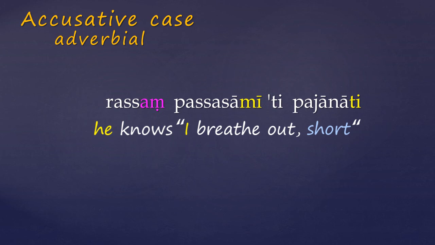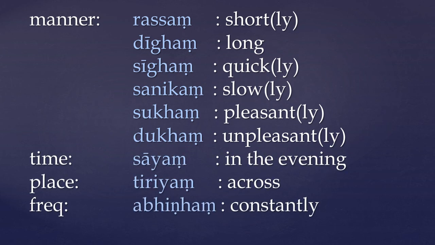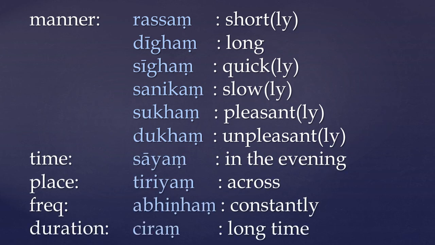Whereas adjectives add qualities to nouns, adverbs or adverbial phrases add qualities that describe the action or the sentence as a whole. They often add information about the manner, the time, place, frequency, or duration of the event. And I'll list here some common adverbs in Pali. Note, while acting as adverbs, they are in effect indeclinable, and so do not change to agree with anything in the sentence.